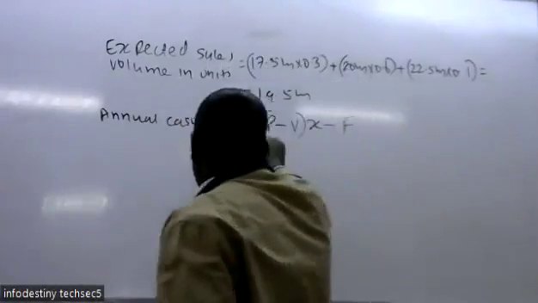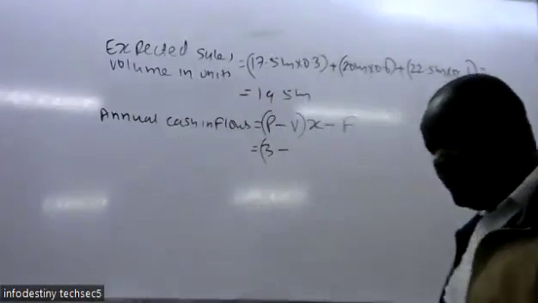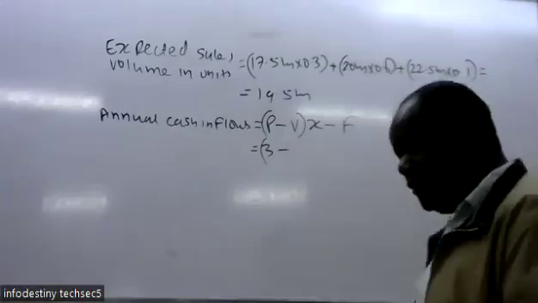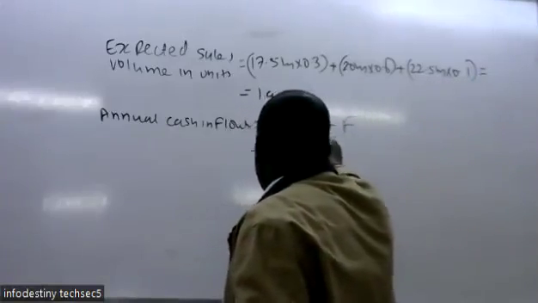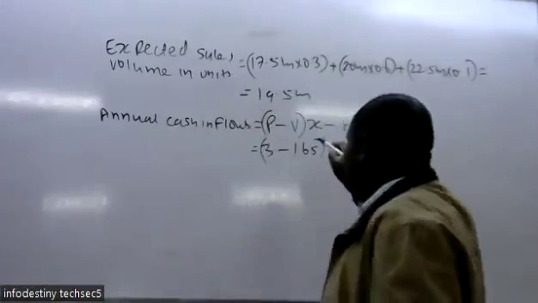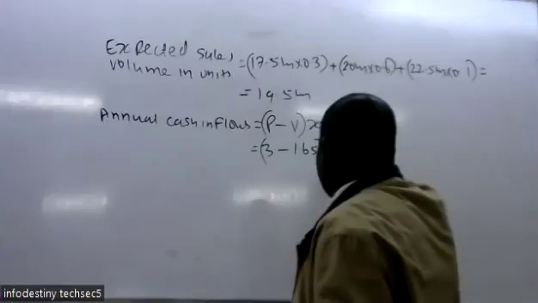So it will be 3 minus B. B is the variable cost per unit, which was given as 1.65. Then the volume, which is X, is the 19.5 million.